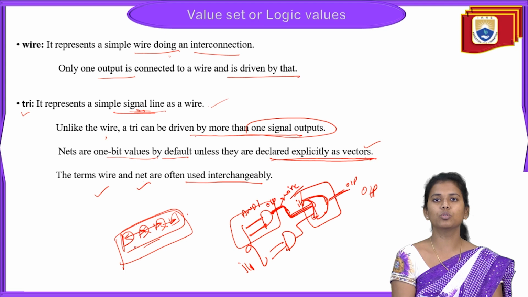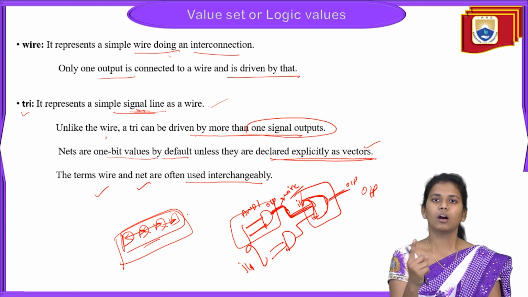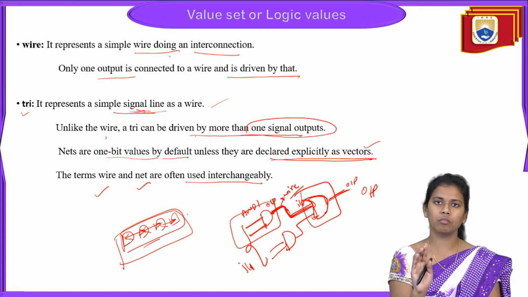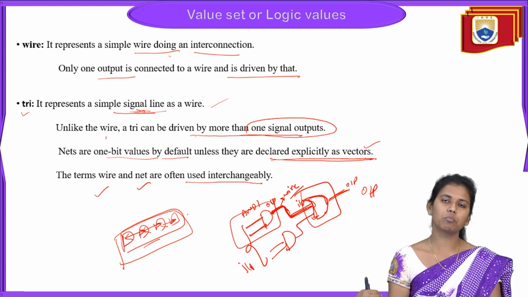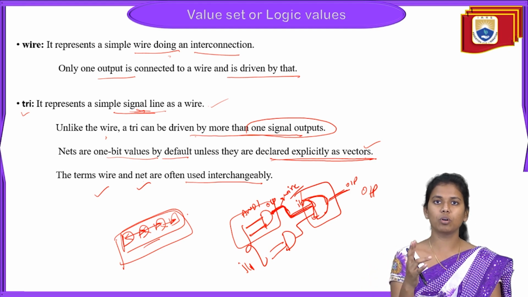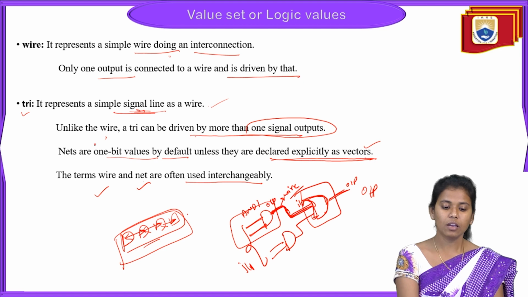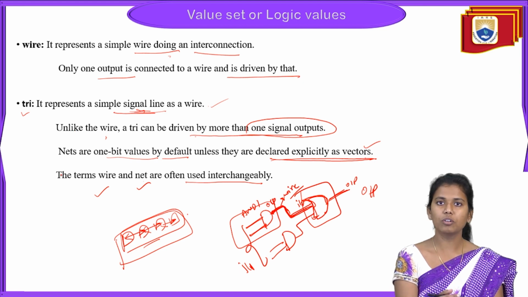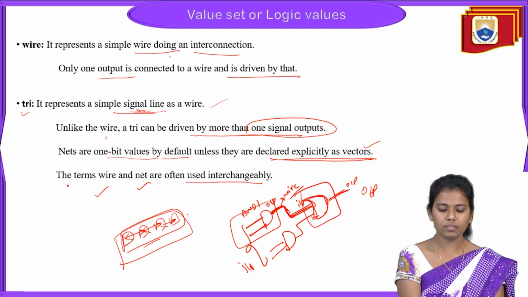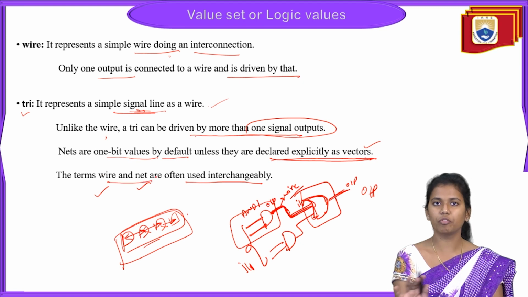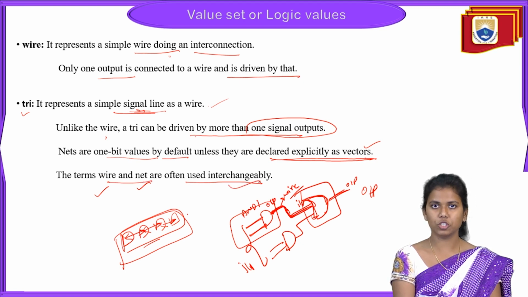They are often used, and we can interchange them based on the output that we are observing. If it is a 1-bit output, we can simply use a wire to connect the different modules, to connect the different gates. If you are observing more than 2 or 3 outputs, then you can go for tri and also nets. So the terms wire and nets are interchangeable.